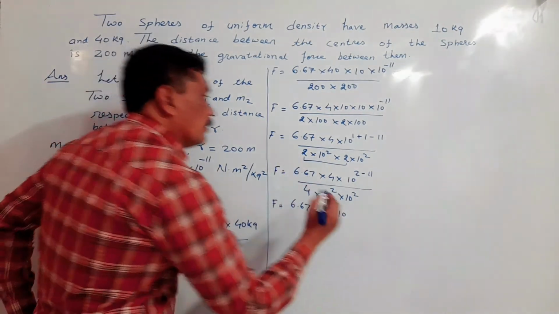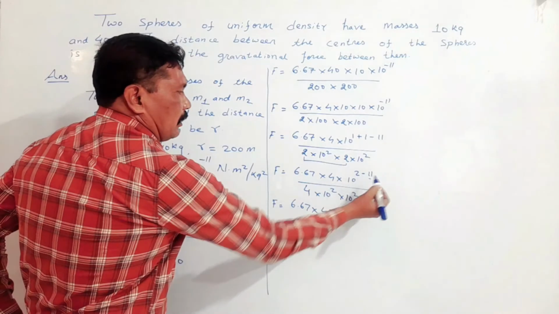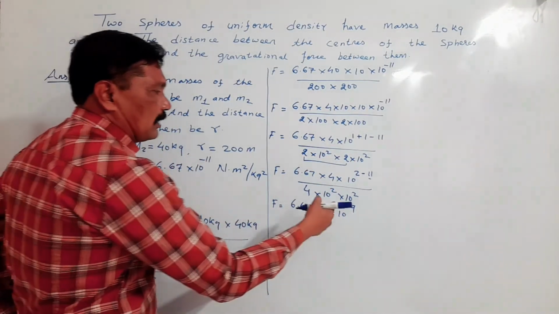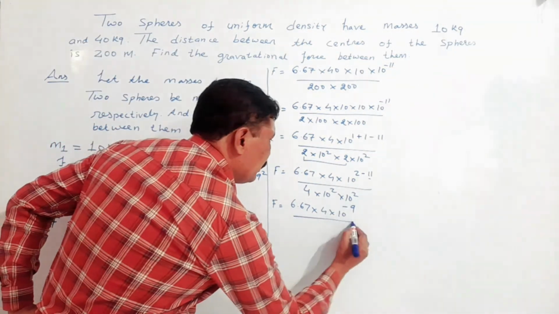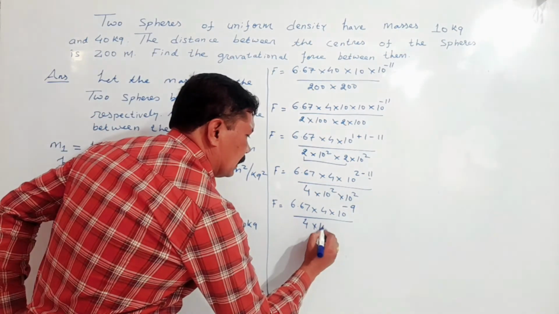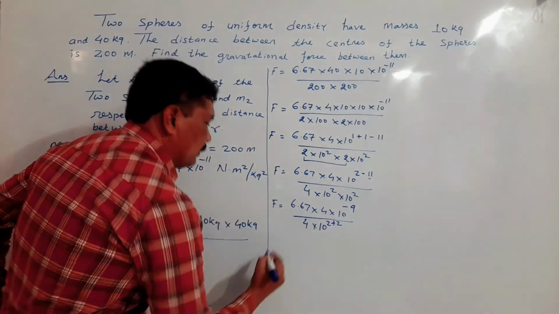We will get 11 minus 9, the greater number is 11, its sign is minus, so we have minus, and given the sign minus 9. Here my dear student, 4 will be written as it is, and 10, 2 plus 2 we can add.